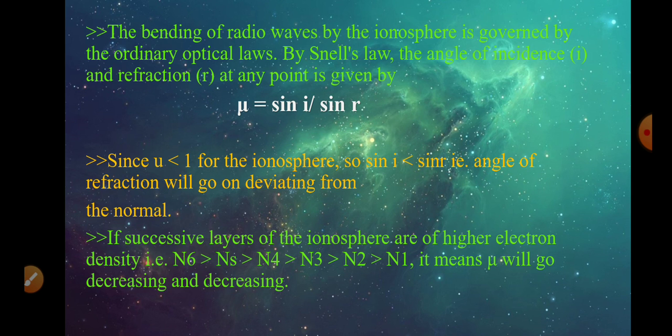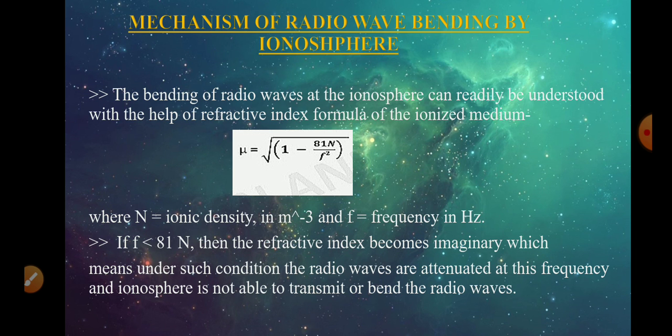And there is a relation between mu and n. Mu represents the refractive index, which shows the deviation of the radio wave, and as mu decreases, ionic density, that is electron density, increases. There is an inverse relation in that.